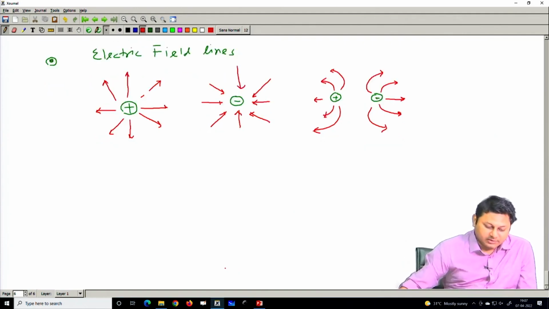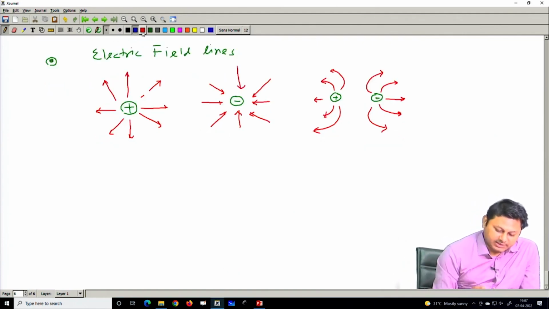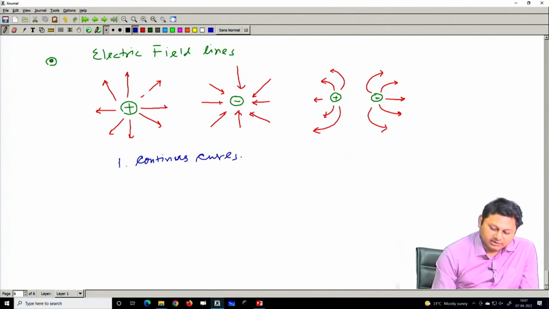Okay. There are a few properties of the field lines, let us quickly write them down. First, these field lines are nothing but continuous curves.